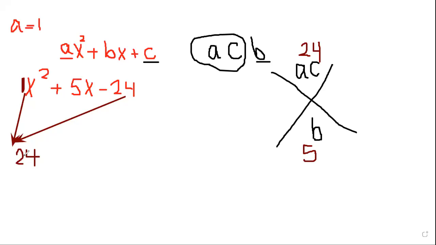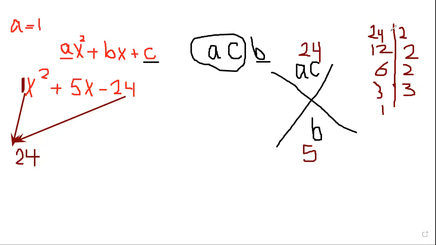Then now 24. If you don't know directly, you can factorize like this. 24 divided by 2 equals 12. Divided by 2 equals 6. Divided by 2 equals 3. Divided by 3 equals 1.